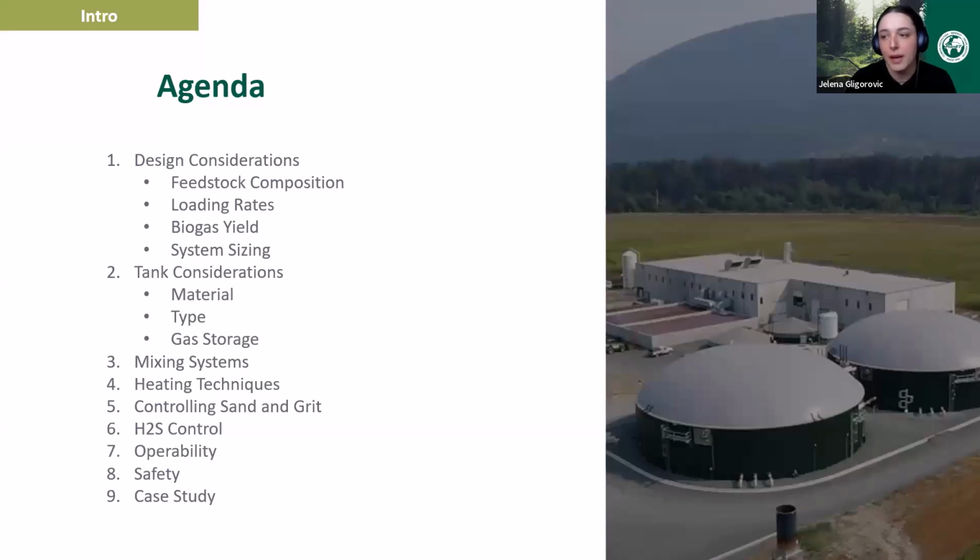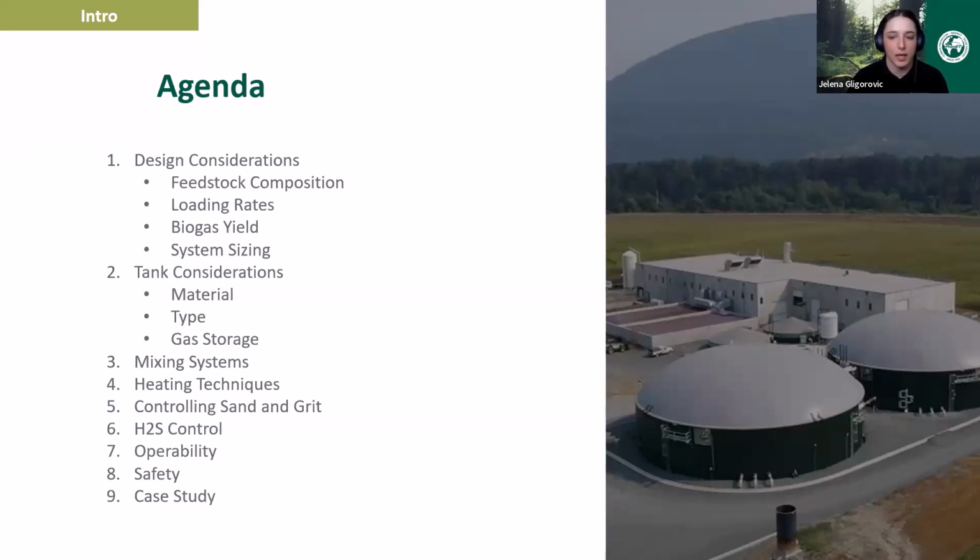So maybe focusing on the process side first, and then considering technology with the tank considerations, mixing systems, heating techniques, some common issues with sand, grit, H2S, and then circling around to operability, safety, and a case study at the end. So my goal for this presentation is to provide an introduction into AD systems, and then to identify what information is critical for the process design and technology.